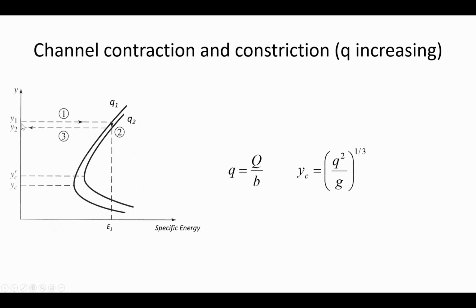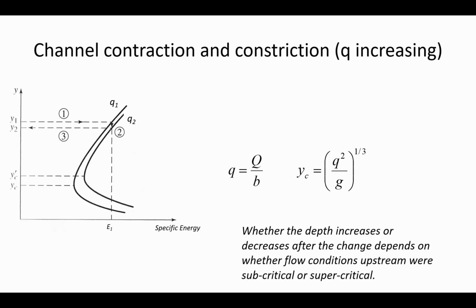Here in this illustration, if you had an upstream depth that was subcritical before, for a certain amount of specific energy, you have to go down to hit that new specific energy diagram, and that would decrease the depth. Even though the channel got less wide, we're constricting the channel, that's making the flow velocity go up so that the depth is decreasing. So it depends on the initial conditions upstream.